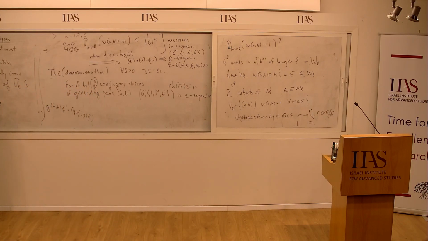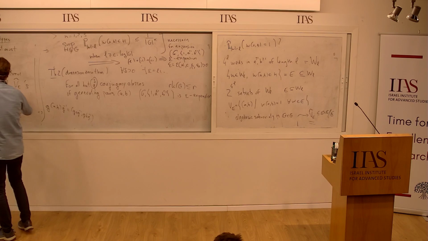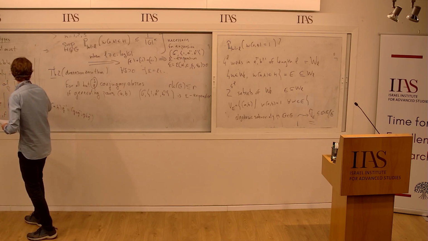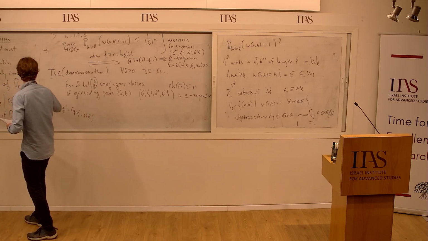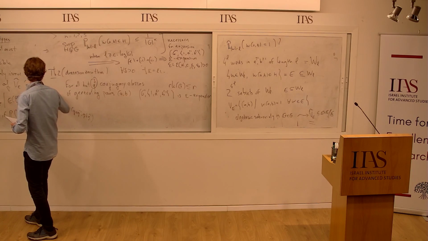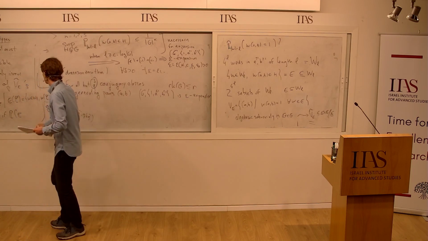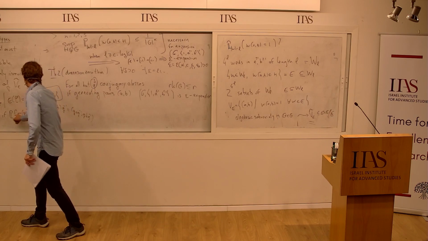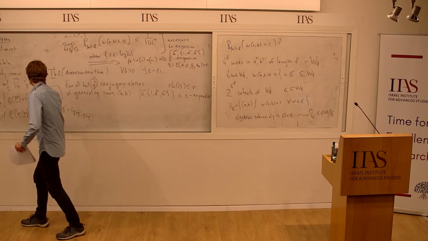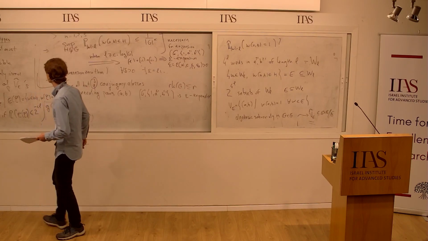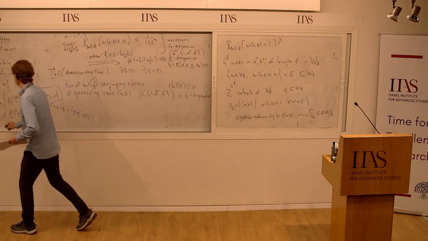So I would say that C is thin if the probability that... E of C will be the set of words that vanish on C. And I would say that it's thin if E of C is less than 2 to the minus cL, so it's exponentially small. And otherwise, I will say it's fat.